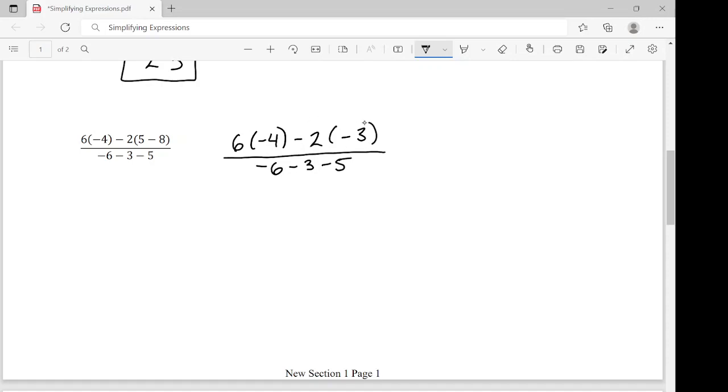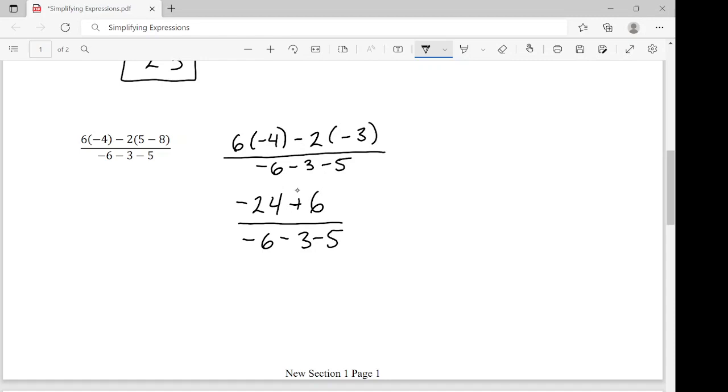No exponents to speak of, so we move on to multiplication, and we've got 6 and -4 multiplying, and then -2 and -3 multiplying. So when we combine those together, we're going to get -24 plus 6 over -6 minus 3 minus 5.